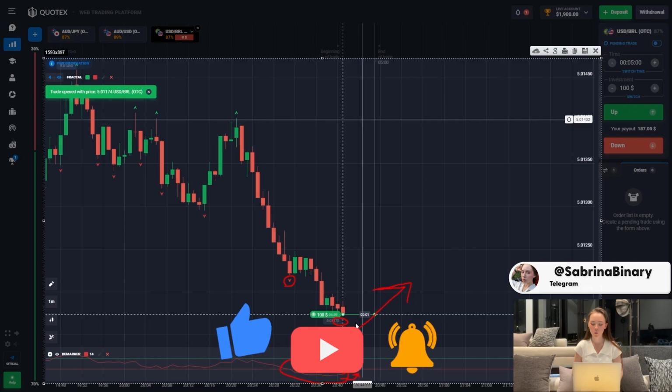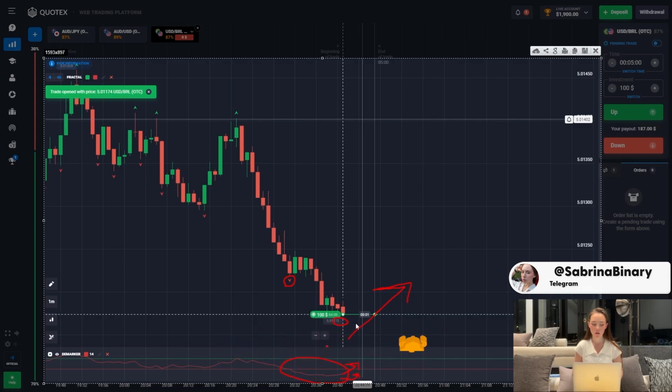Now let me tell you more about one of the most popular indicators, the fractal indicator. The indicator shows the lows and highs reached by the market over a certain period, visually highlighting them with directional pointers depending on the type of extremum.